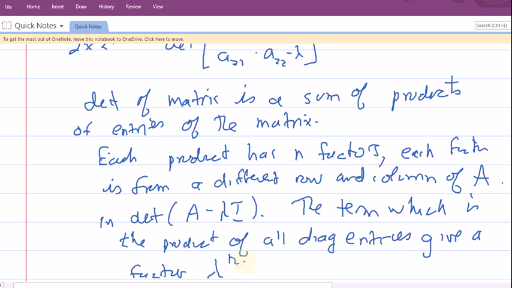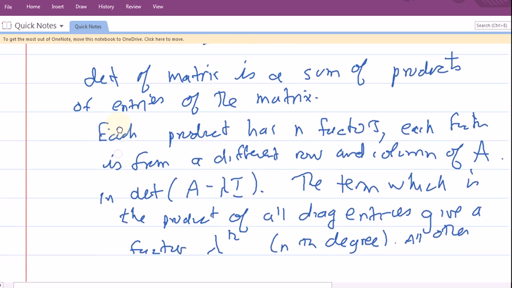Now sometimes if n is odd, in the way I've written it, it will give me minus lambda to the n. But that doesn't matter. What we're worried about is this exponent n. So this is nth degree. And all other terms will have fewer powers of lambda.